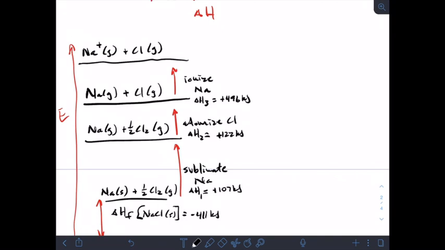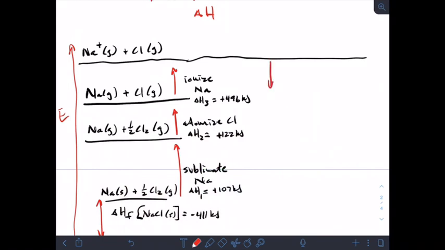At this stage, I have one ion and one neutral atom, but I need two ions to come together. So I'm going to extend my line over here, because now I'm going to drop down in energy, because it actually is beneficial to chlorine to become a negatively charged ion.